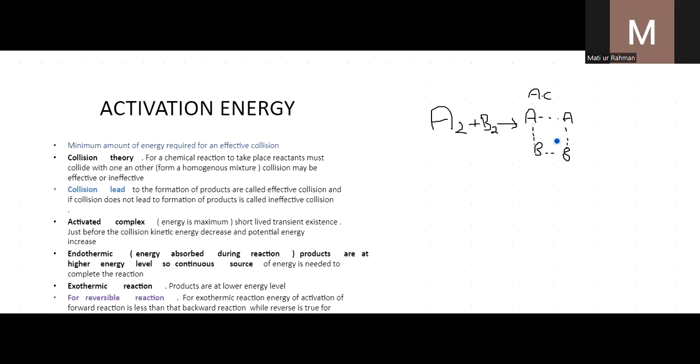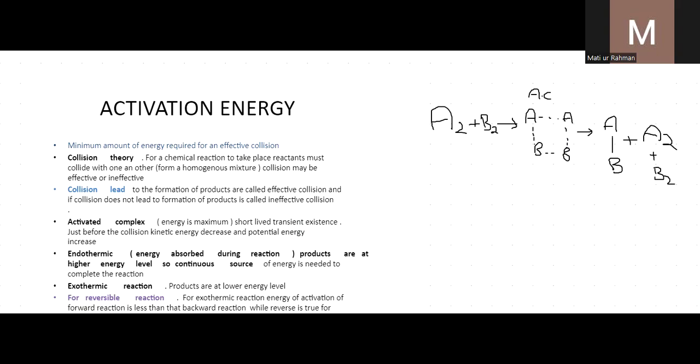If the collision is effective, then we get the product. And if the collision is ineffective, we have the same reactants, A2 and B2.